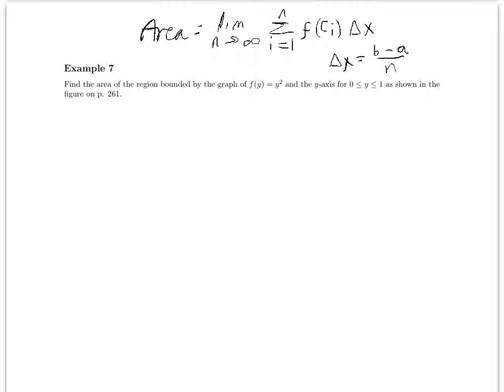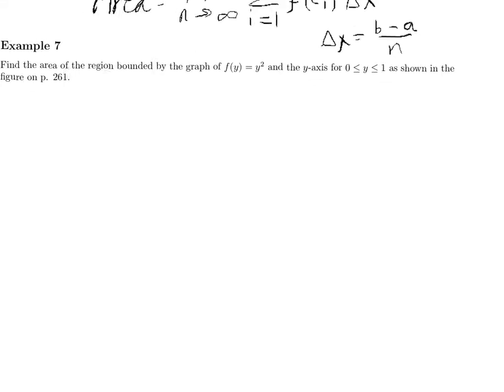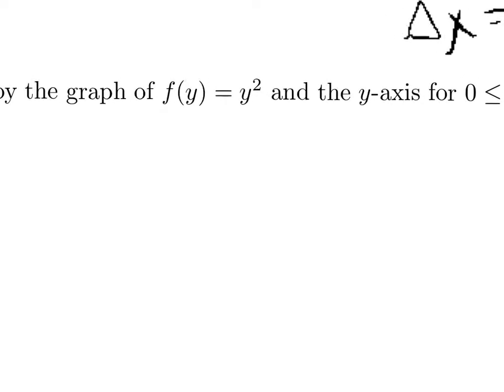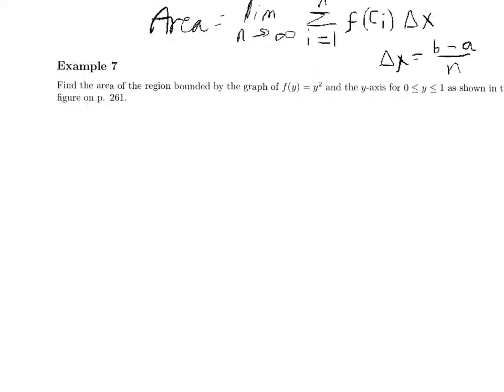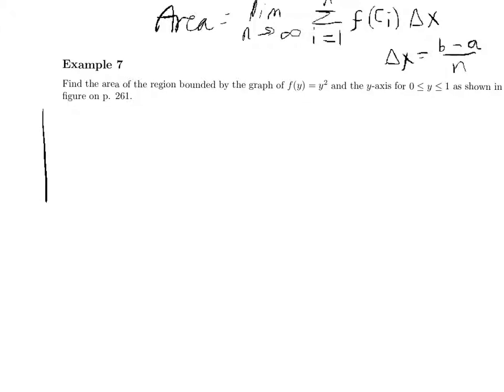The area of the region this time we want to find is the graph of f of y equals y squared, the y-axis between y equals 0 and 1. Let me draw this for you. f of y, a function of y.